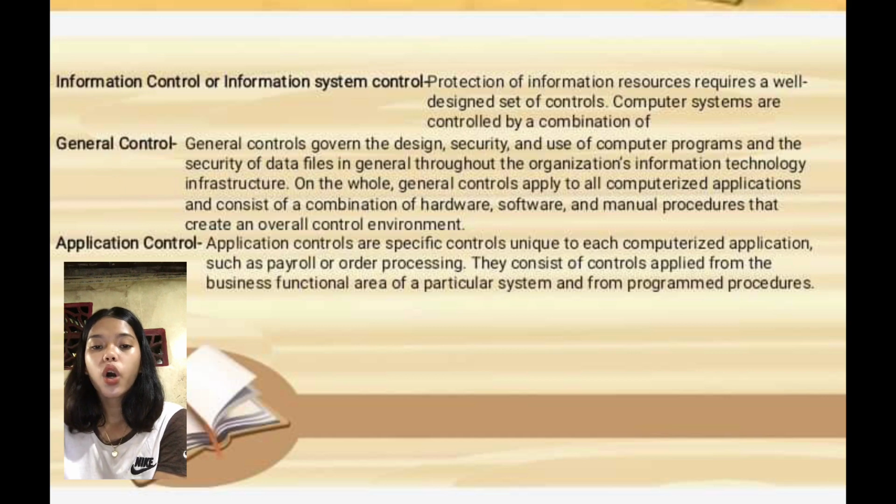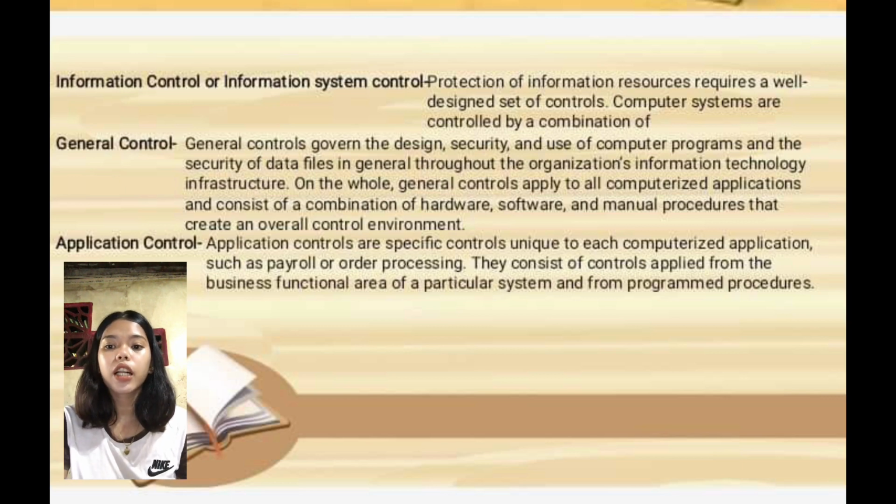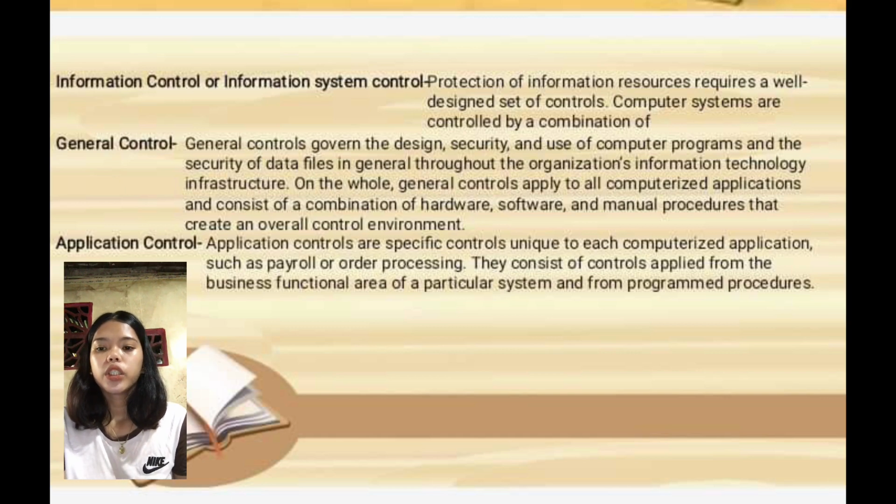General controls apply to all computerized applications and consist of a combination of hardware, software, and manual procedures to create an overall control environment. So when we say general controls, it includes software controls, physical hardware controls, computer operation controls, data security controls, controls over system implementation process, and administrative controls.